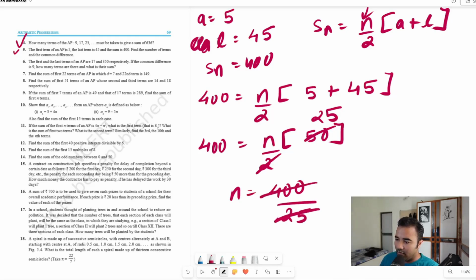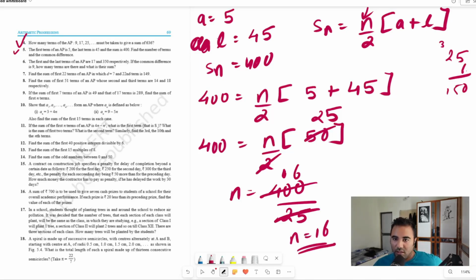I'm not able to recollect the table of 25 right now. 25 ones are 25, 25 sixes are 150, I guess. Yes, so n is equal to 16. So we have the number of terms as 16.